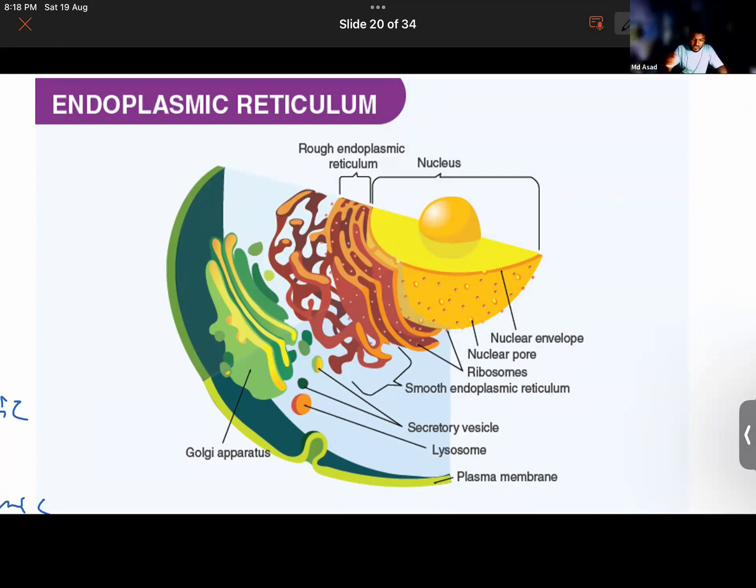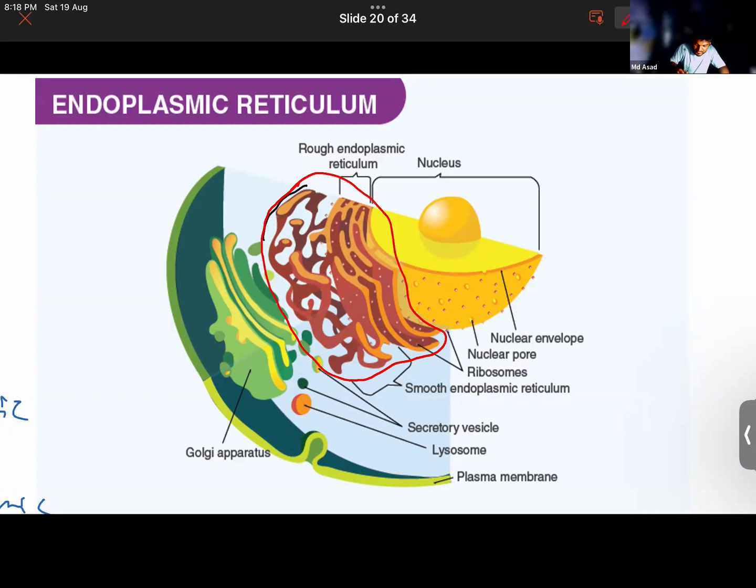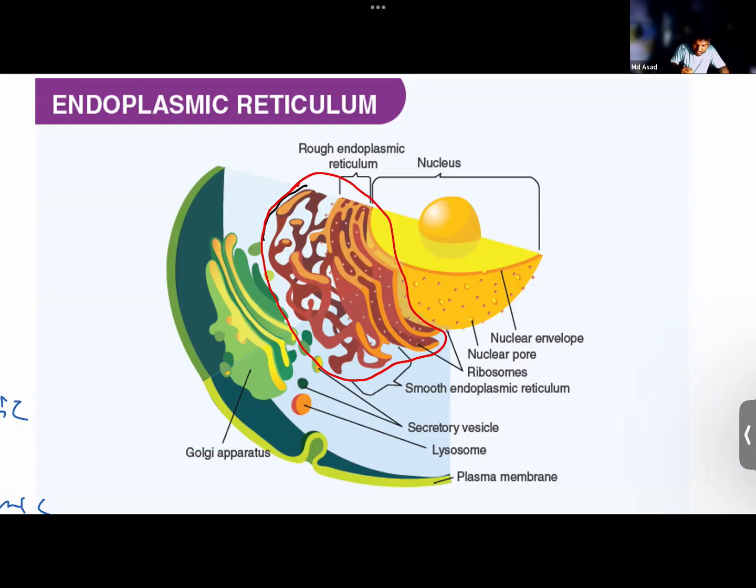Ahmed and Arhan, first look at this diagram over here, which I'm highlighting. This whole diagram is of the endoplasmic reticulum, right? And further, the endoplasmic reticulum has been divided into smooth endoplasmic reticulum and rough endoplasmic reticulum.